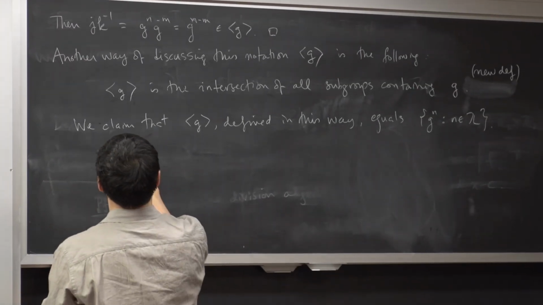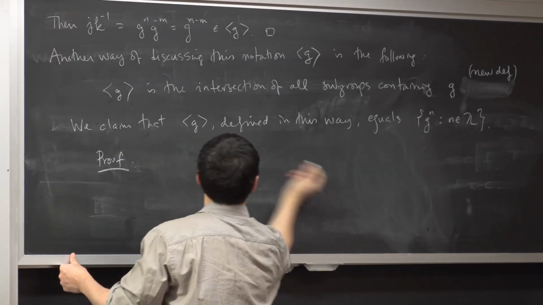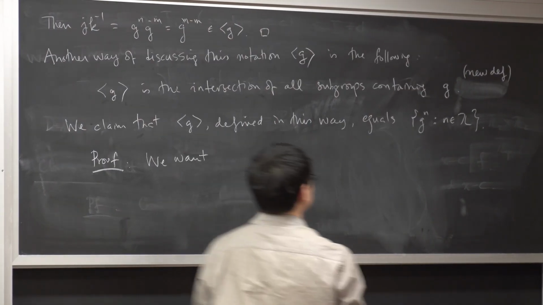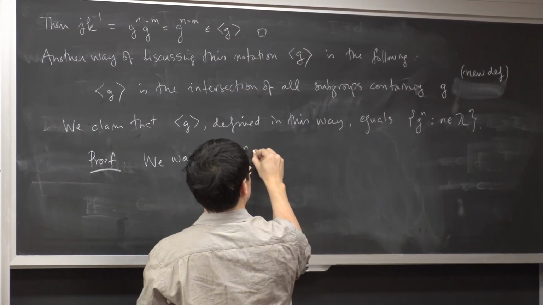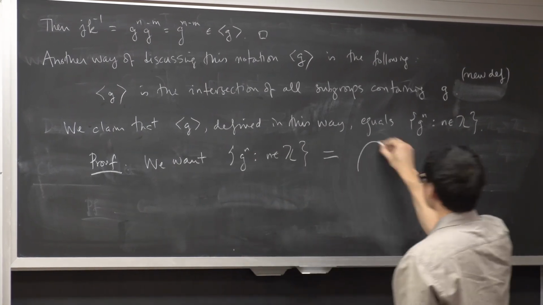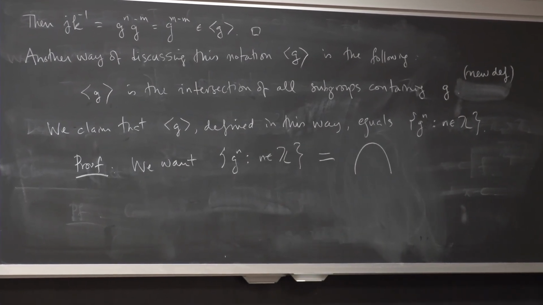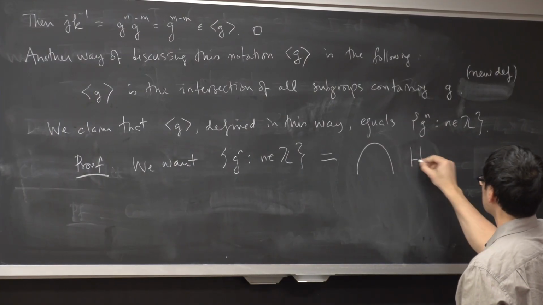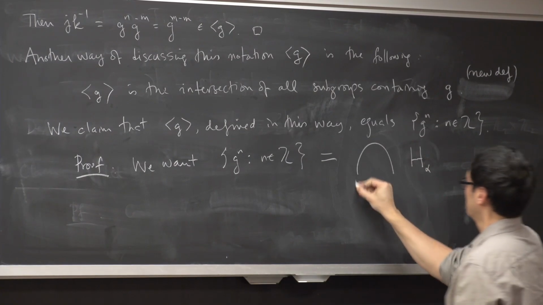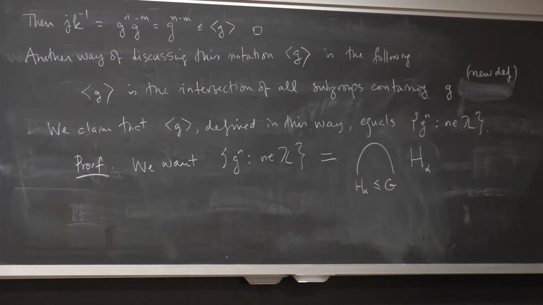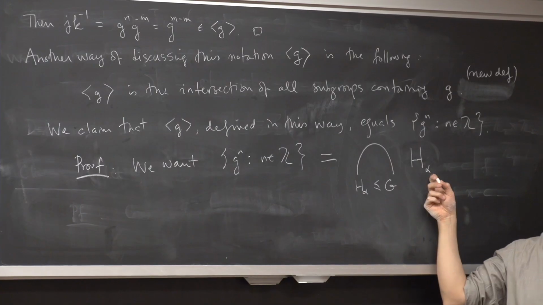So let's do it. Here's the proof. What do we want to show? We want to show that this set, G to the n, is equal to the intersection of all subgroups H alpha, where H alpha is a subgroup of G. This alpha is just an index.